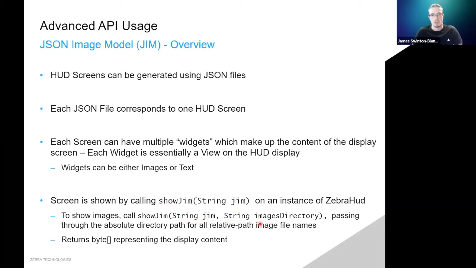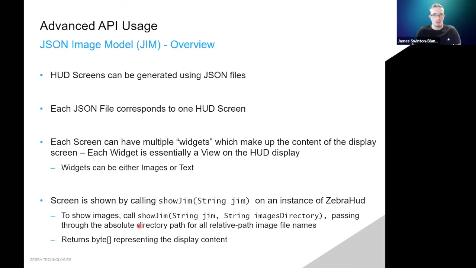We also need to provide the images directory. So you'll see in the next few slides, when we define an image widget, we provide the relative file path, so just the end of the file path. And then when we call the API, that's where we provide the absolute path so that the SDK knows where to look for those images.